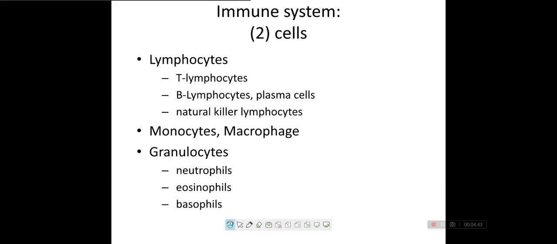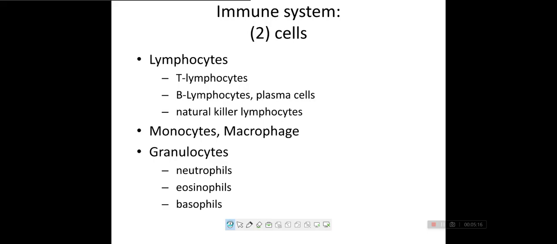Next is lymphocytes. What are lymphocytes? Lymphocytes are T cell lymphocytes and B cell lymphocytes. When B cells differentiate, they convert into plasma cells and memory cells. Plasma cells contain antibodies, and memory cells will remember the pathogen for a long time.